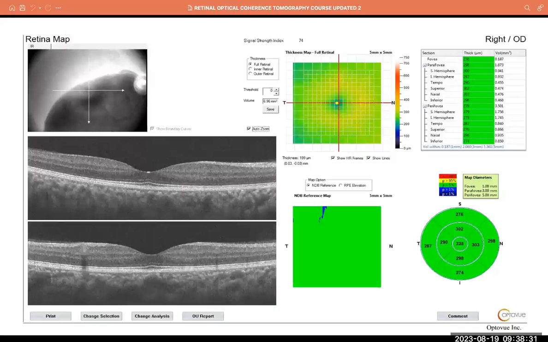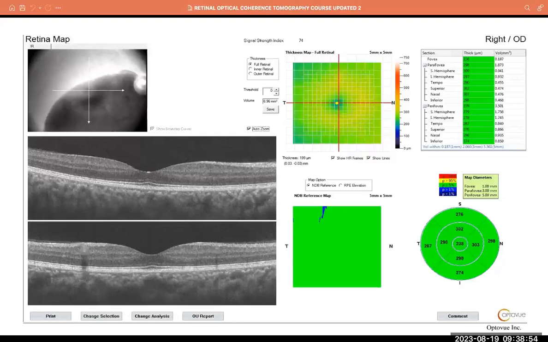Now, when you go to the circle picture to the lowest on the right, that's the ETDRS map. The ETDRS sector represented on the map is the macular thickness map. And a note of caution is that when you have this map, the numbers written on it are more important than the color.